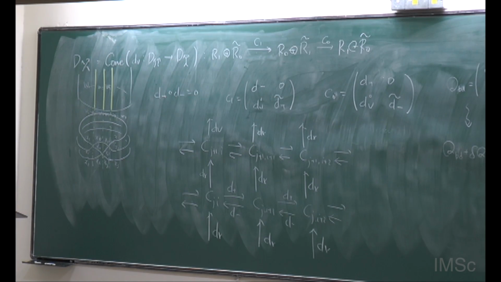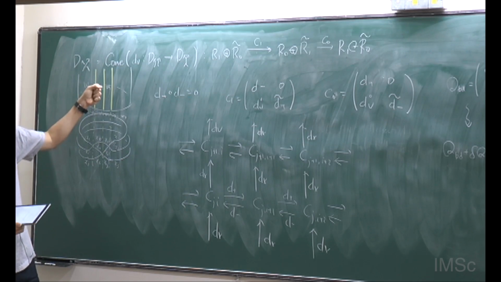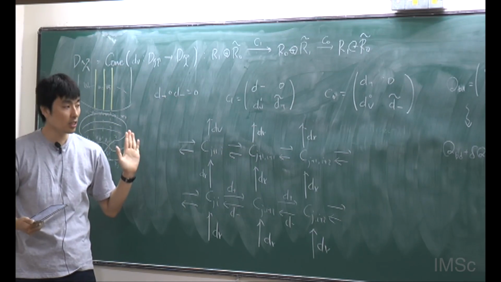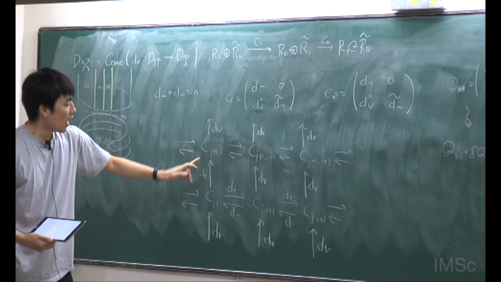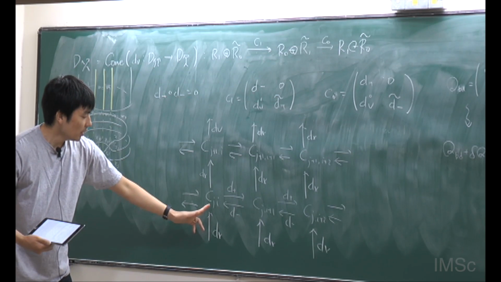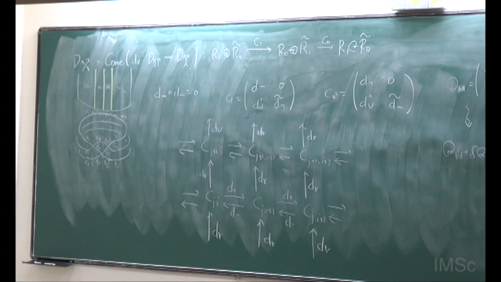So this construction, once you fuse them together, gives just the bigraded complex, where the grading is the grading by this dV.